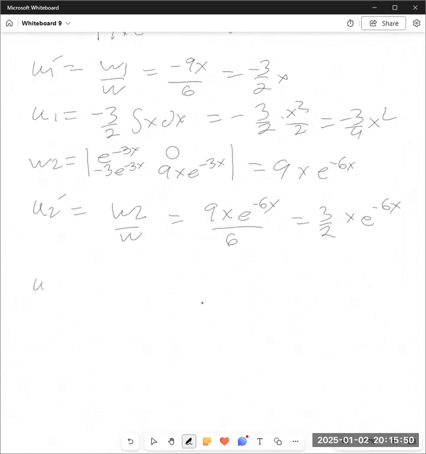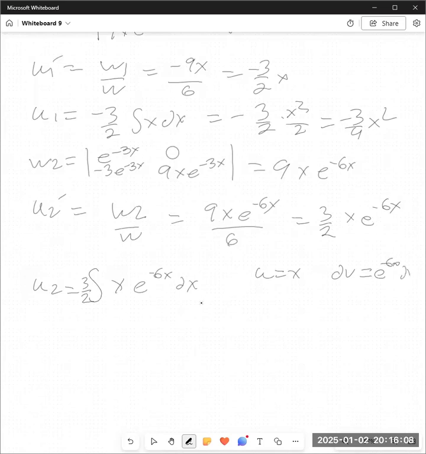So u2 is equal to the integral, we have integral x e to the -6x. u is my algebraic part. dv is my exponential part. du is dx, and v is e to the -6x over -6, excuse me.